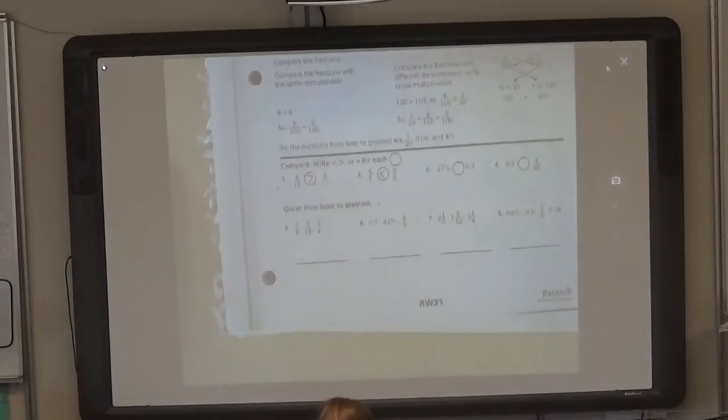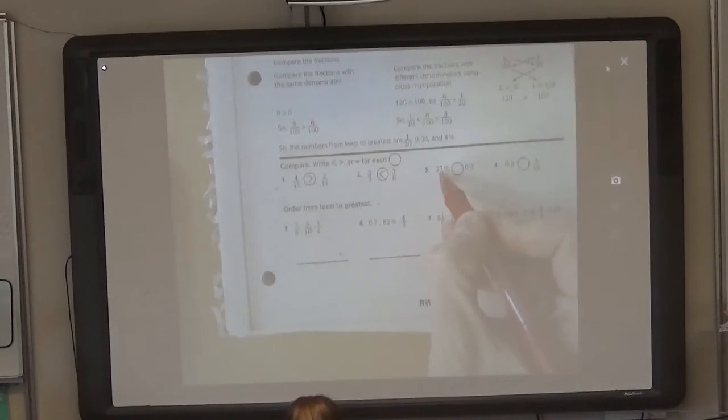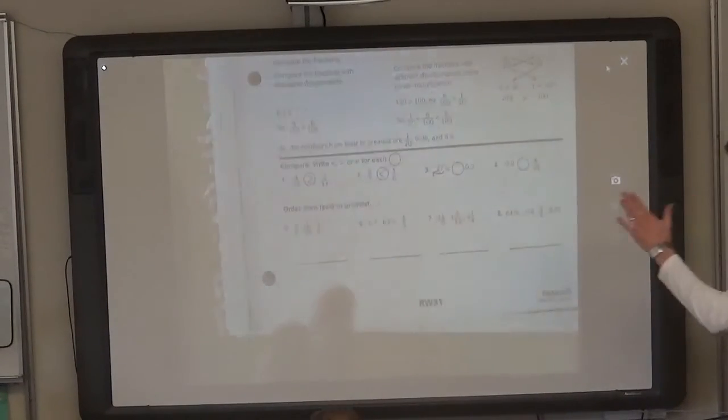Number 3, can we convert this one to a decimal, Sophie? Sure. We just move the decimal place. Where? Yep. 2 places to the left.